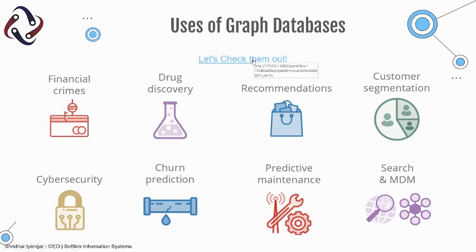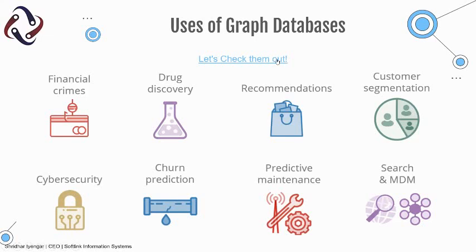Cybersecurity is of concern to governments and enterprises, and graphs find use there. Also churn prediction, predictive maintenance, and search and master data management. Master data management comes out of the requirement where companies buy each other out and mergers and acquisitions happen on a large scale. So you need a master controlling system where your fields and references to names match across different organizations pulled together through major acquisitions and mergers.